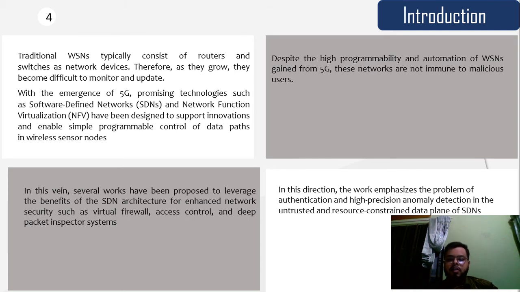In this direction, the work emphasizes the problem of authentication and high precision anomaly detection in the untrusted and resource-constrained data plane of SDNs. Our system is going to have authentication and high precision anomaly detection, so both will be used in this system.